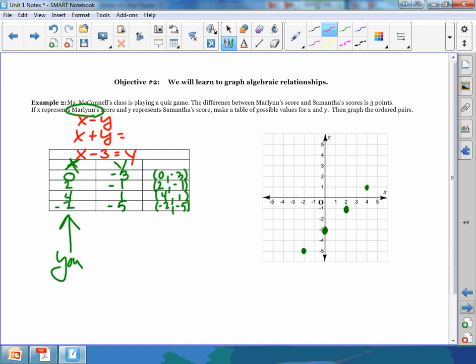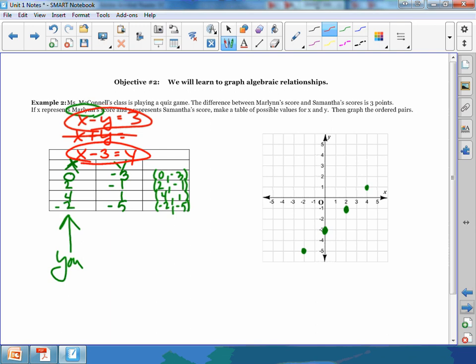Think about it. If I took this column and subtracted this, what do I get every single time? 3. There's your rules for subtraction, right? 0 minus a -3 is like saying 0 plus 3. 2 minus a -1 is 2 plus 1. And it says before the difference between their scores is 3. So that means when I subtract, I get 3. So either one of these two rules would work in describing this scenario.